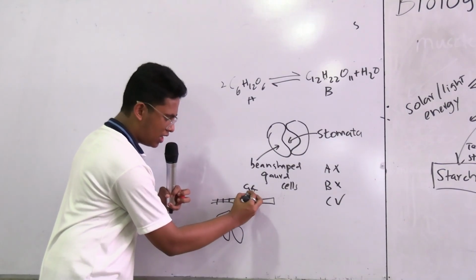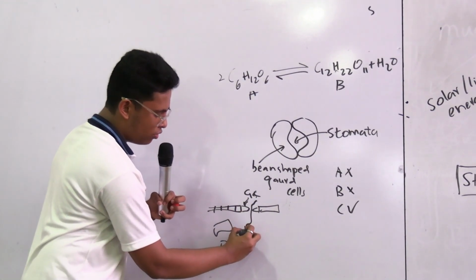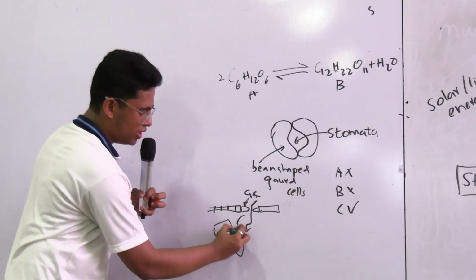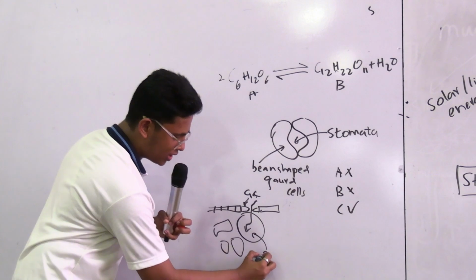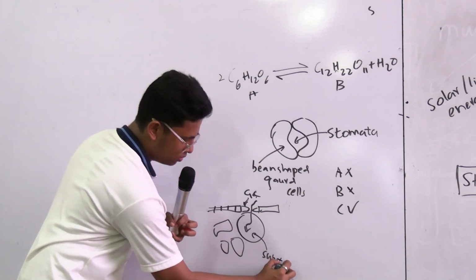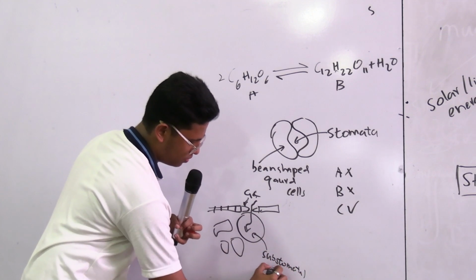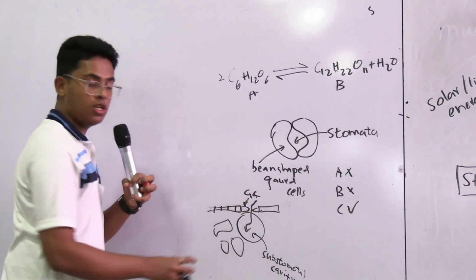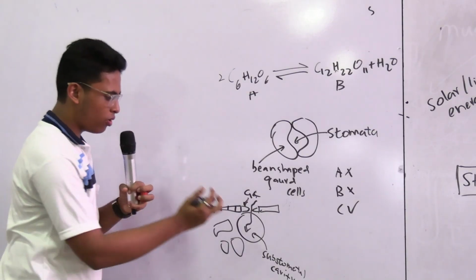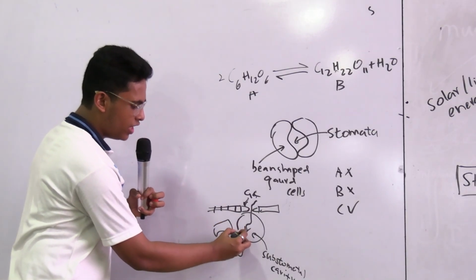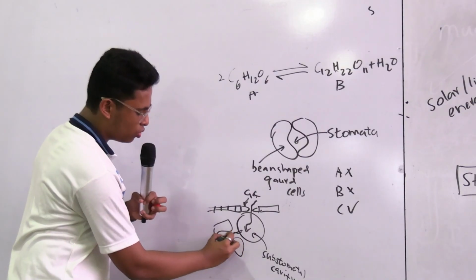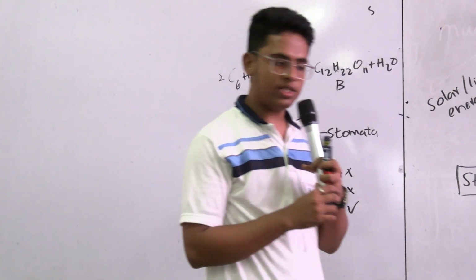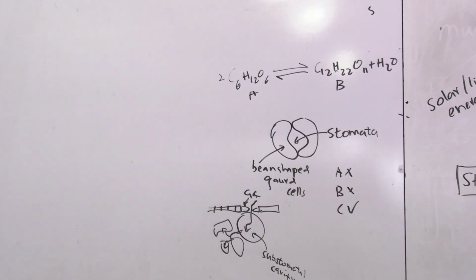From the stomata, these gases will diffuse into what you will learn more clearly in higher levels, the substomatal cavity. They are basically empty spaces found near stomata in plant leaves. From that, these gases will then diffuse through intercellular spaces to these cells. So that's how gases diffuse into plant cells. They will diffuse through intercellular spaces.